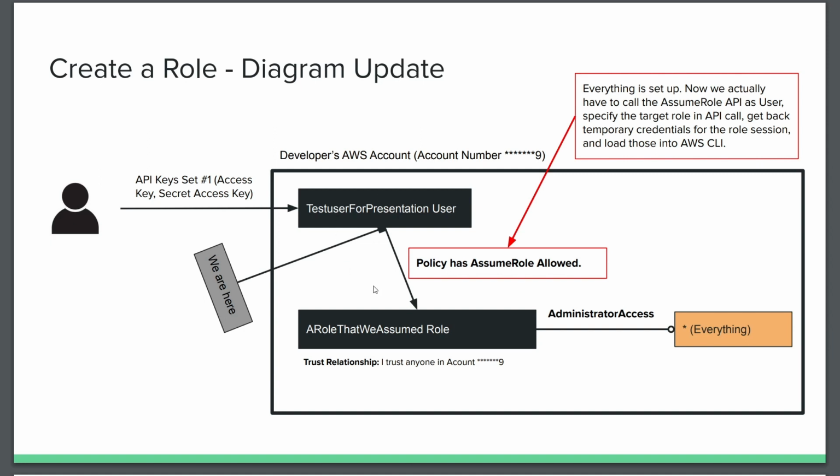So as this user, we're going to call assume role on this role. That is going to be accepted because our user is in this account, and thus we match essentially the allow list in the trust relationship. So we get some credentials back to become this role, or to leverage a role session. And once we're the role, that role has administrator access attached to it, which means we can access everything in the AWS account.